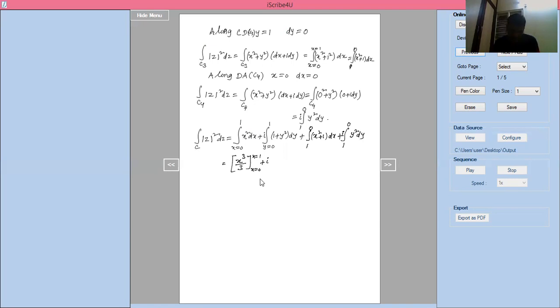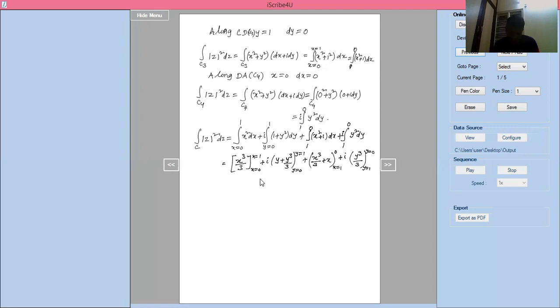The integration of 1 gives y and of y square gives y cube by 3, limit y equal to 0 to 1, plus the integration of x square, x cube by 3, plus x, with x equal to 1 to 0, plus i into y cube by 3 with y equal to 1 to 0.